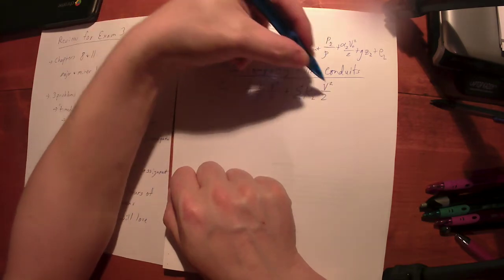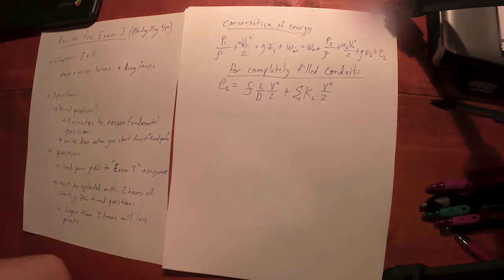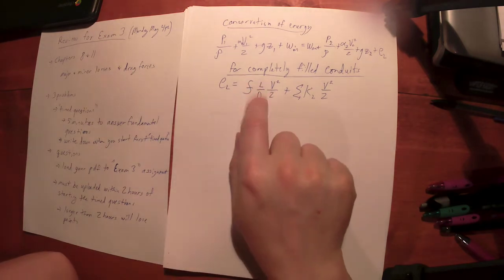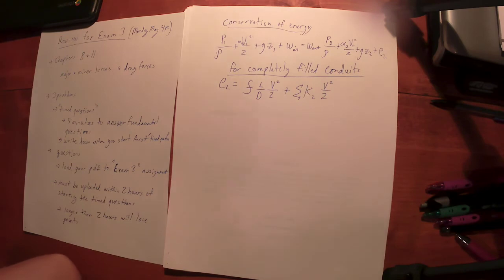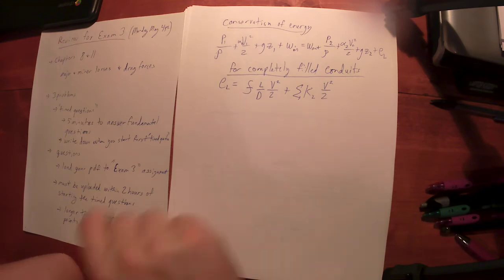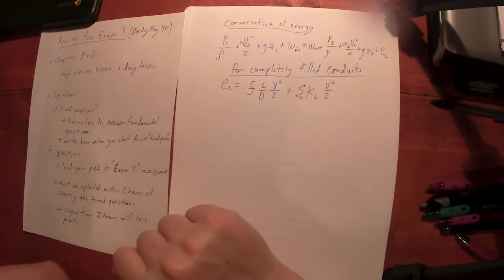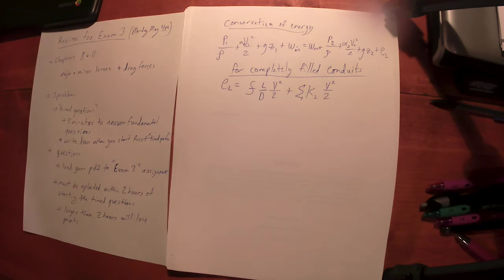And this V is the average speed of the fluid flowing through the pipe or through all of the components, the bends, the elbows, the contractions, the average speed flowing through whatever's causing the loss. Okay? So that is the loss term.